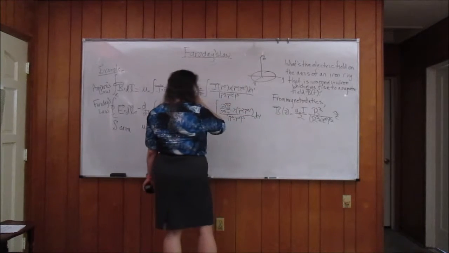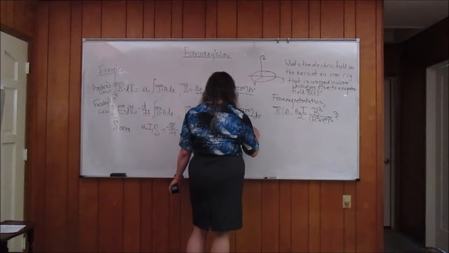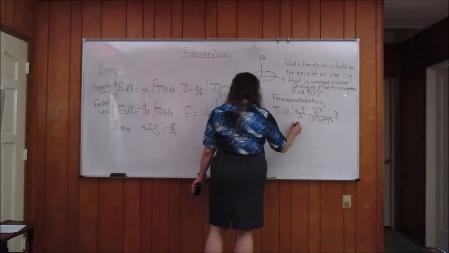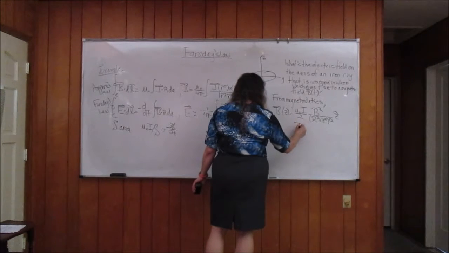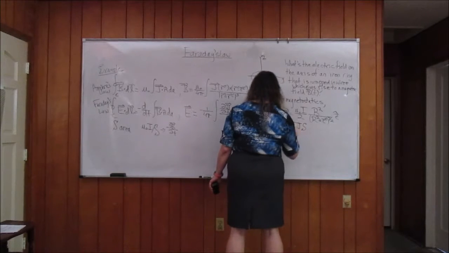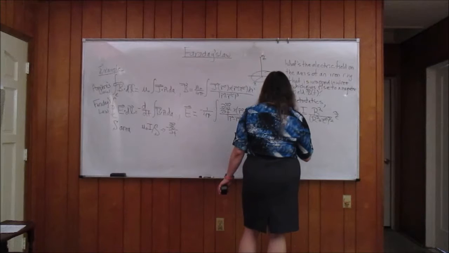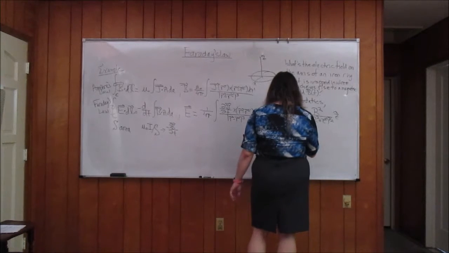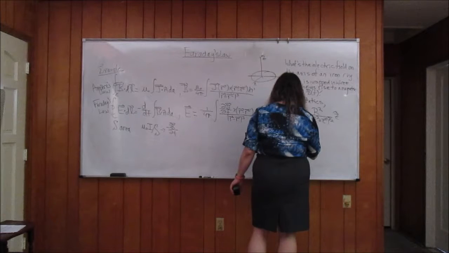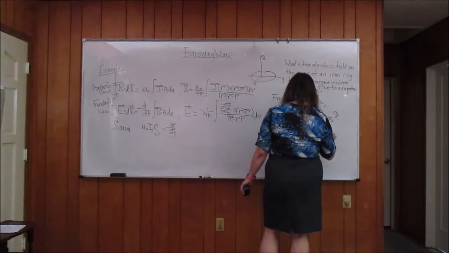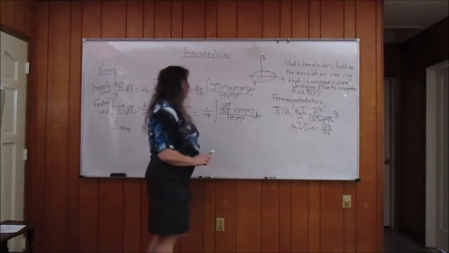Let's see, instead of the current, I, that is equal to G times the area, and mu naught is going to go over to minus the time derivative of the magnetic field.